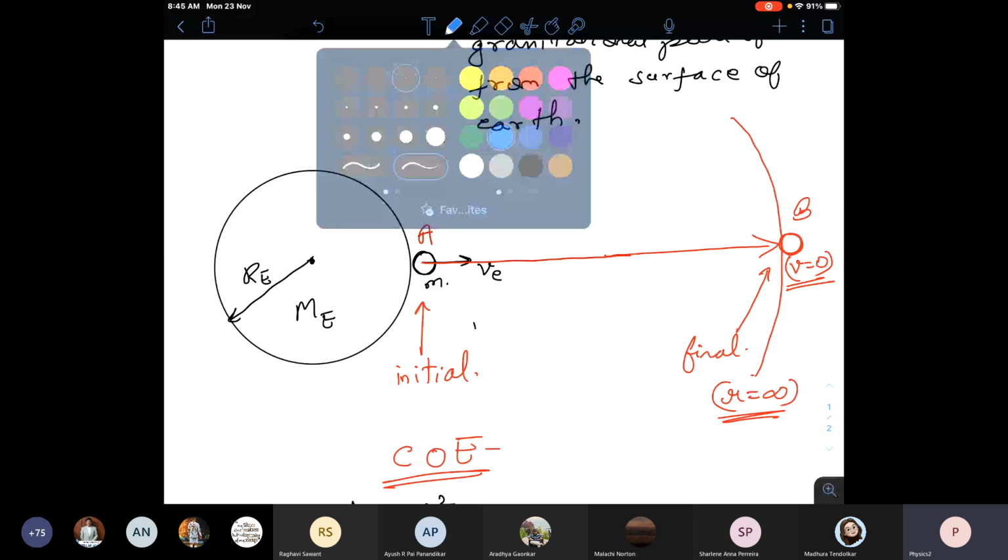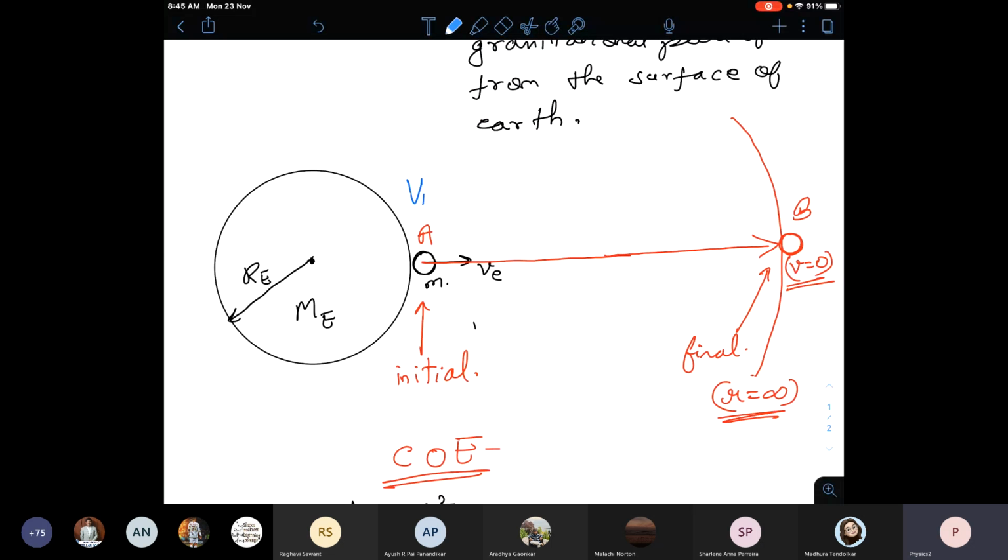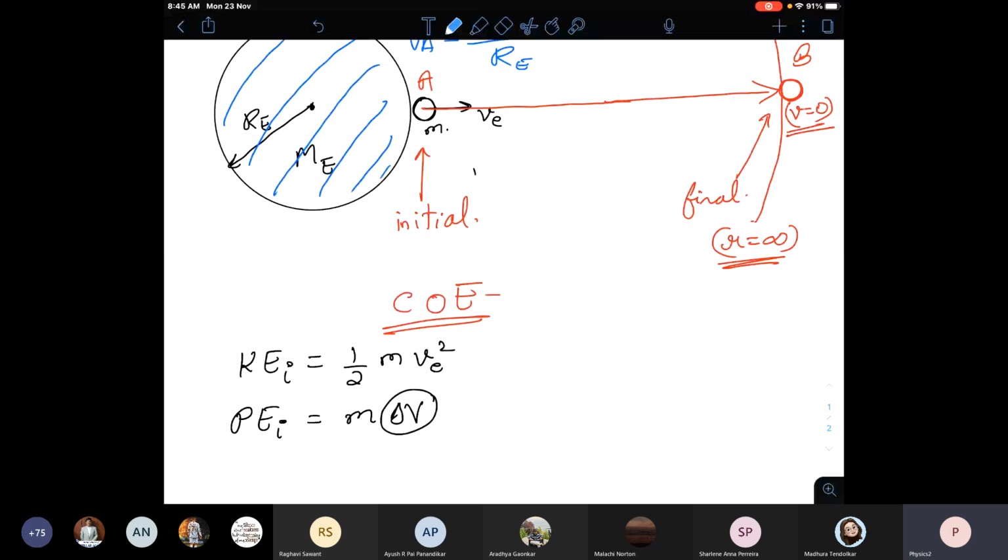If someone asks you what is the potential at a point due to Earth, and that point is on the surface of the Earth, you can write the potential as minus GM_E by R_E. This will be the potential on the surface of the Earth. So the potential energy in this case will become mV.